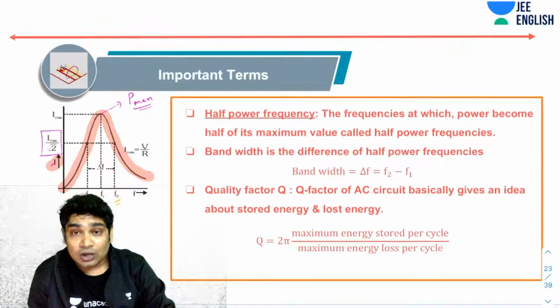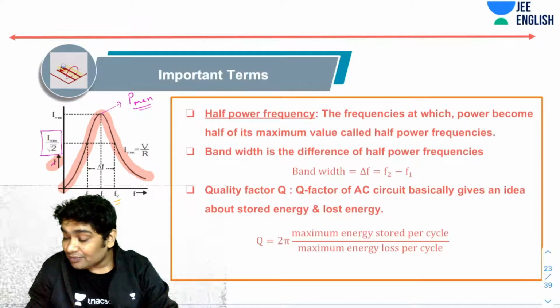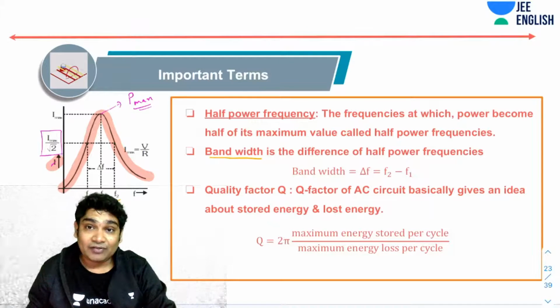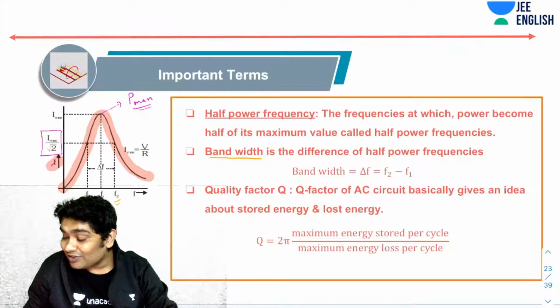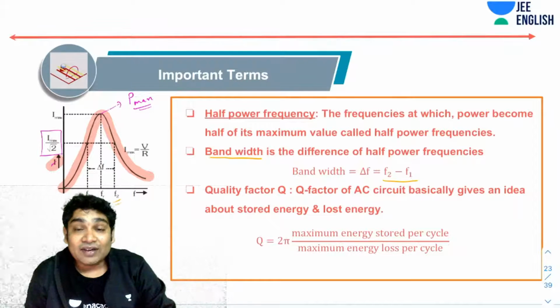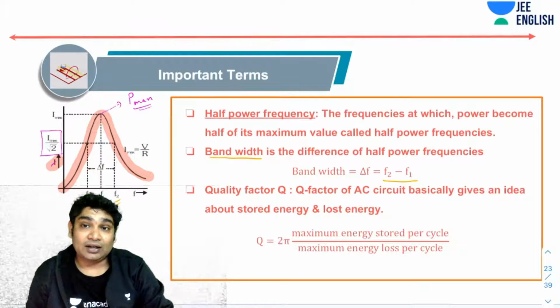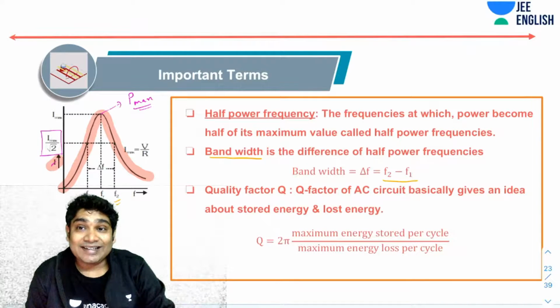Then you also have a term which is bandwidth. So what is bandwidth? Bandwidth is the difference of the half power frequencies. Then we define another term which is called the quality factor, also known as the Q factor. The Q factor of an AC circuit basically gives an idea about the energy stored and the energy lost.